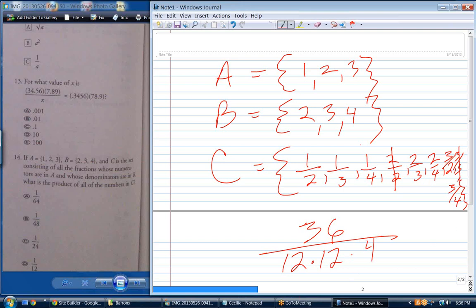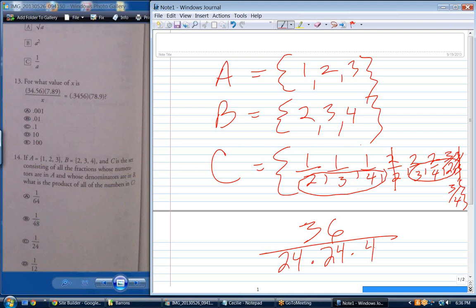I multiplied this 2 times 3 times 4. I don't know how I came up with 12. I should have come up with 24. Here, let me change that. There's something big time wrong with that. Okay, so that 2 times 3 times 4 is 24 times that 2 times 3 times 4, and then times the last 4.